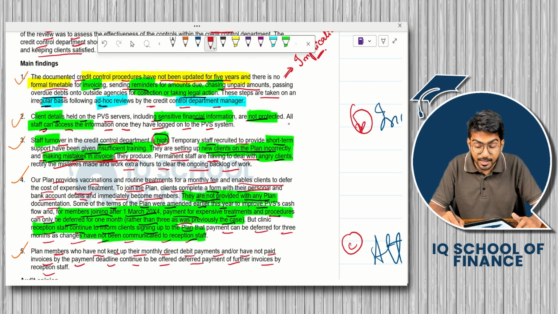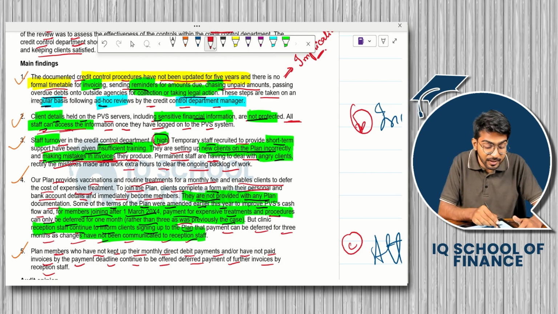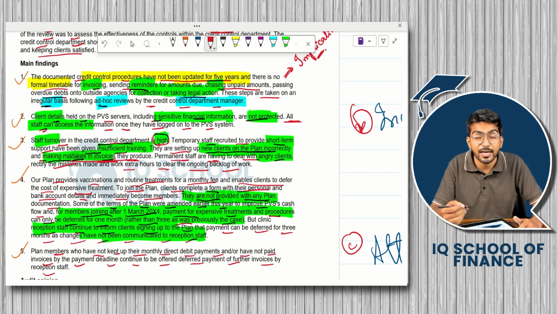And the other thing is that all the staff can have access to it. So there are two issues. One is that changes can be made to the data, which is sensitive information, and any change, even a minor one, would have a significant impact. So changes can be made to the data, or the data could be misused by internal or external people in a manner very harmful to the client.